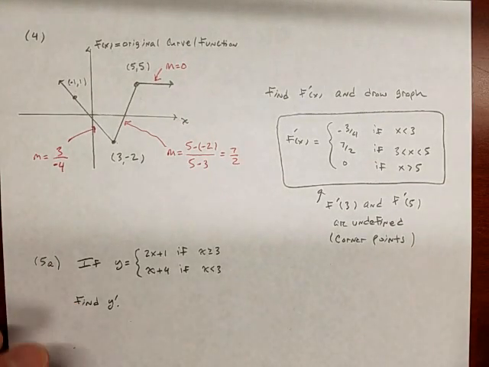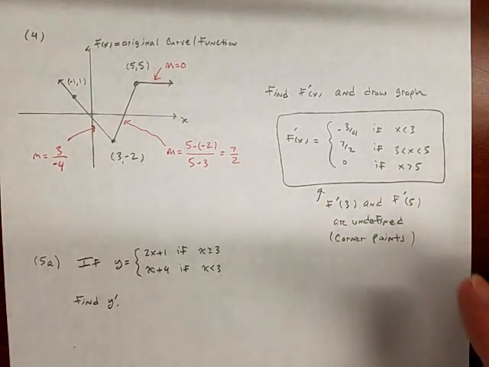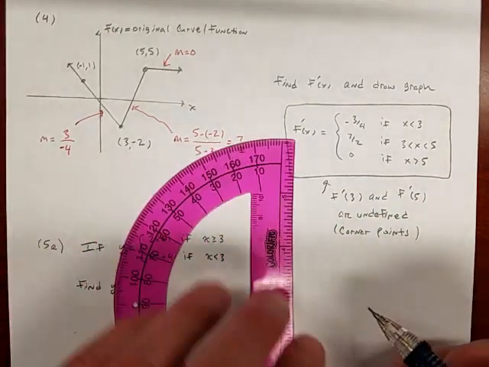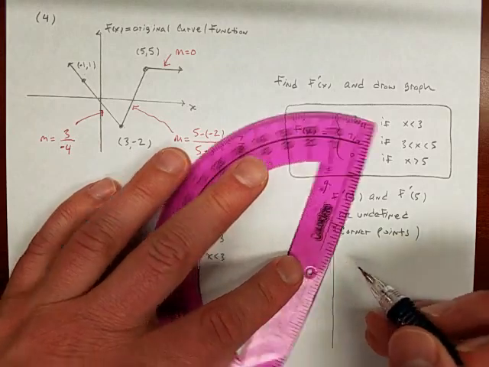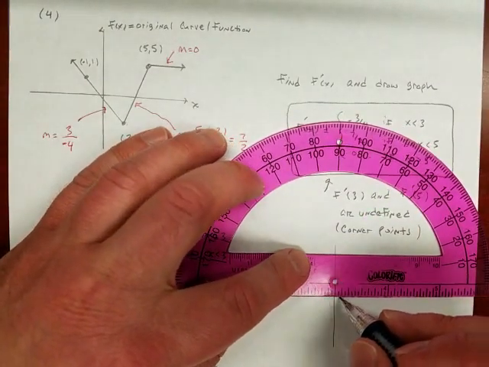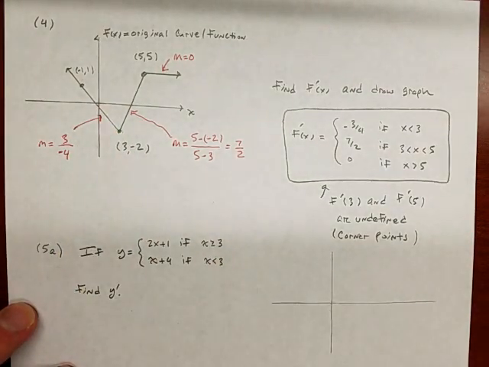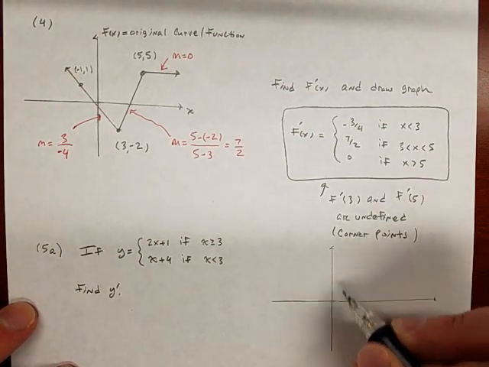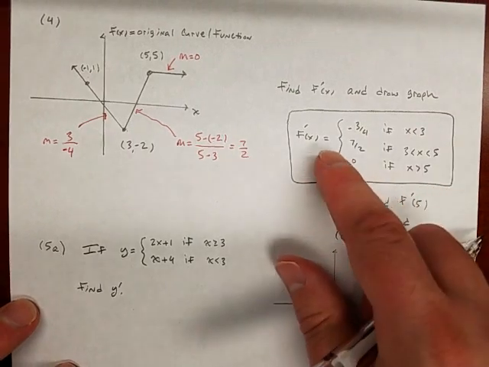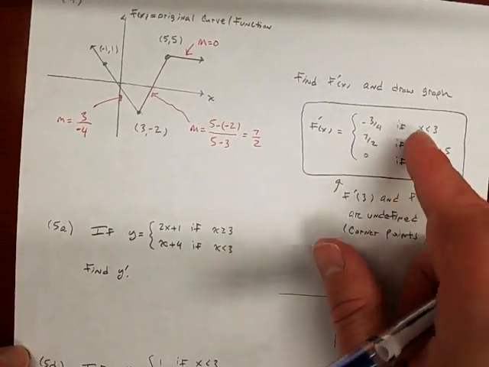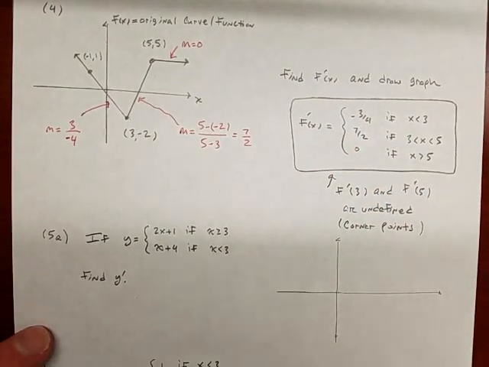Okay, so it says to draw the graph. All right, so let's do that here, and then we'll see the original curve here and the derivative there. It's not very hard to draw the graph of this. I mean, you get 3/4 here, you get 7 over 2 there. So I'll put this.